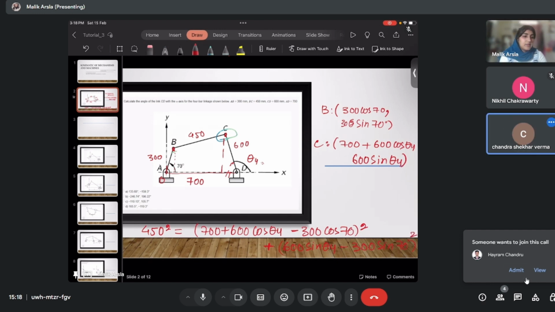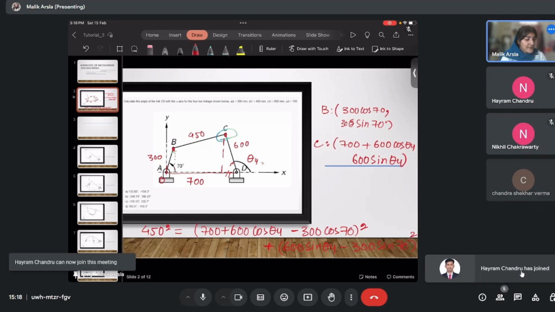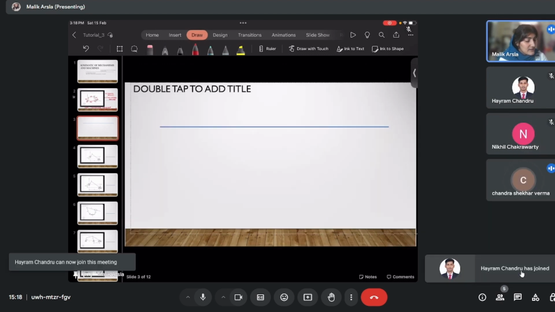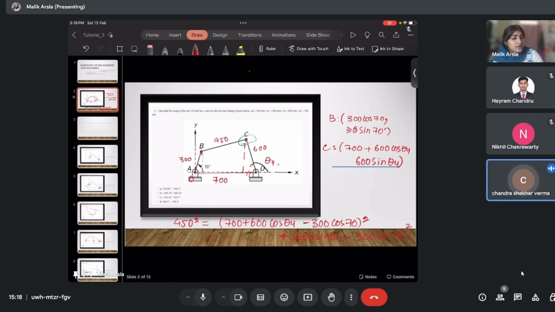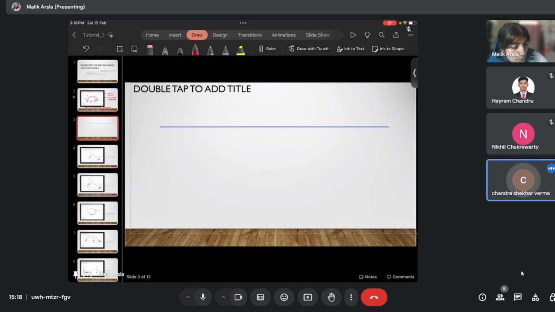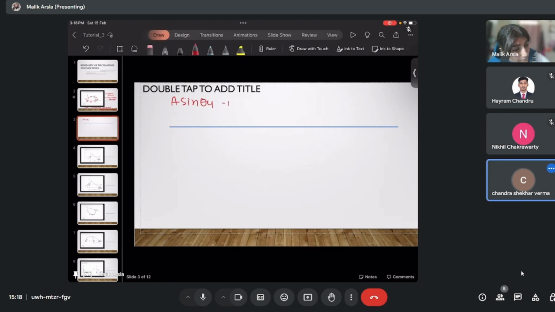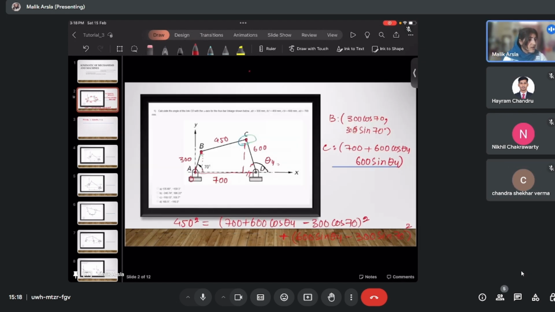Now, since we have arrived at this equation, can you simplify this and give the equation you are getting in terms of a sine theta 4 plus b cos theta 4 is equal to c. Simplify this equation. Is it visible to you?